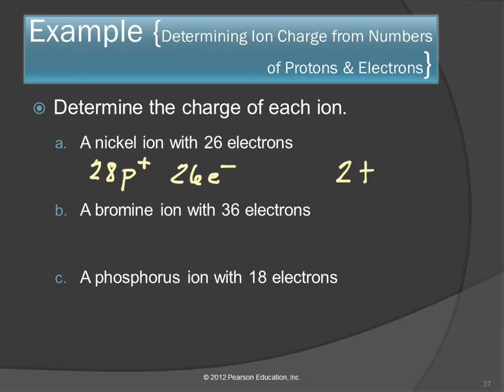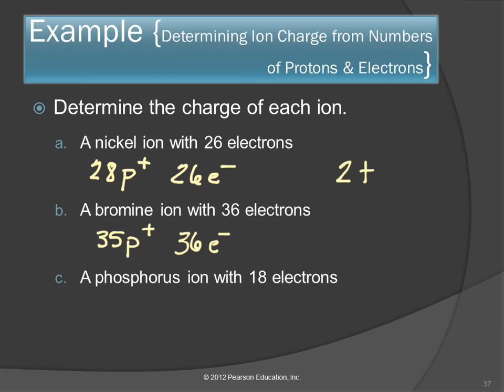A bromine ion. How many protons does bromine have? 35. Periodic table. The number of protons doesn't change. 35 protons, 36 electrons. We've got positive 35, negative 36.